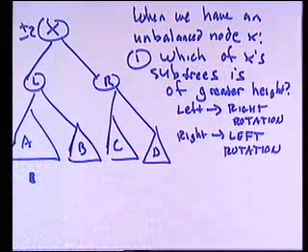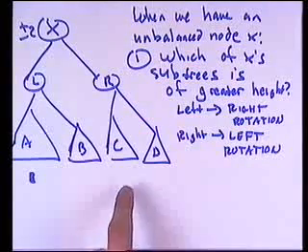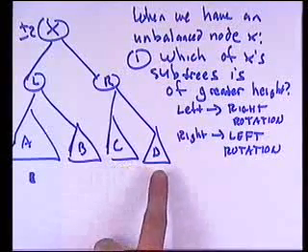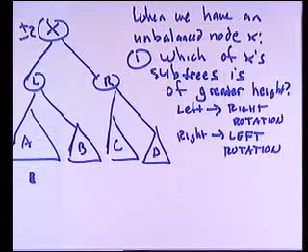The first half of the double rotation says, let's change it from a situation where B is the problem to a situation where A is the problem. And therefore, the single rotation can fix it. Or alternatively, it says, let's change it from a situation where C is the problem to a situation where D is the problem with step 1. Then step 2 fixes D, just like it would have if we did a single rotation to begin with, and things had been a problem with D. If your problem's with A or D, one rotation fixes it, a single rotation.